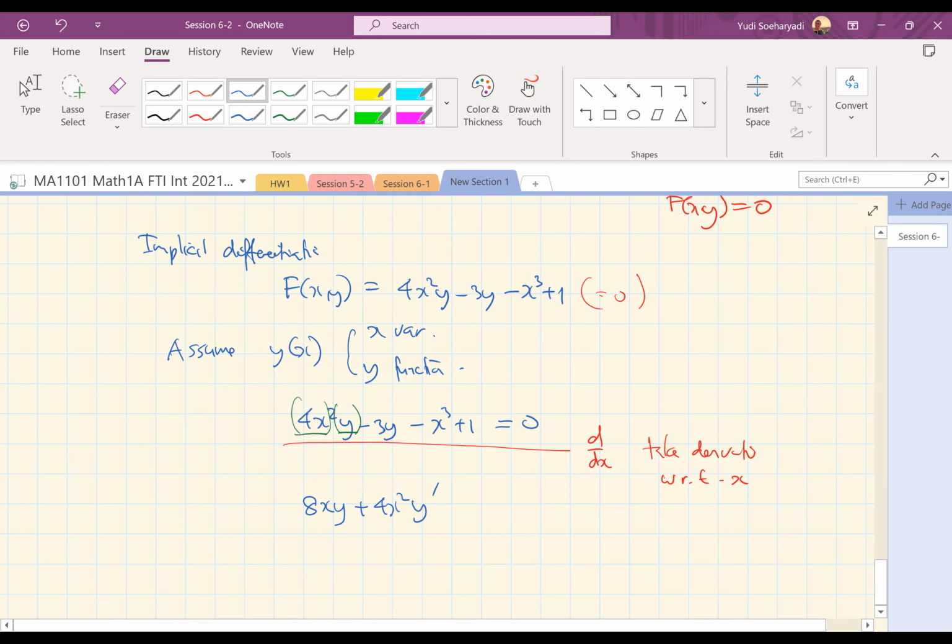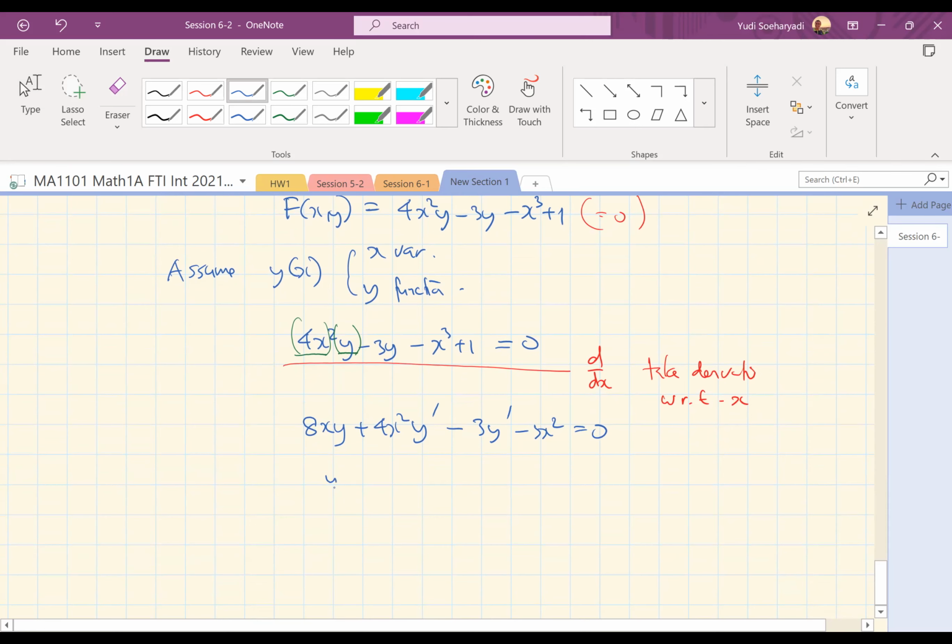Okay. And this is a function. The derivative of xy is x times y prime plus y. This is a constant, so it's 0. Left-hand side 0. Okay, so you can take y prime out, factor it out as 3, and move the terms which don't contain a y prime to the right.